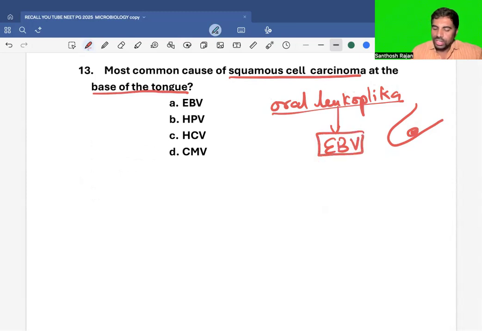Here it's given squamous cell carcinoma at the base of the tongue. Especially when squamous comes, you have to think about HPV, human papilloma virus. Of course, it causes cervical cancer, penile cancer, anal carcinoma, and also laryngeal papilloma. Here also in the oral cavity, it causes squamous cell carcinoma. That was also one of the discussion points.